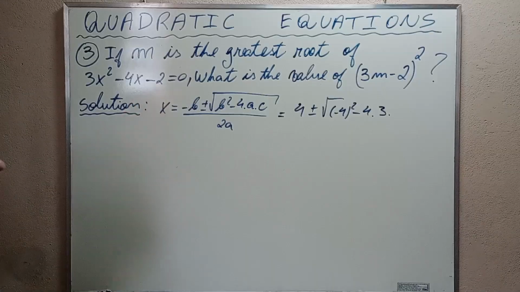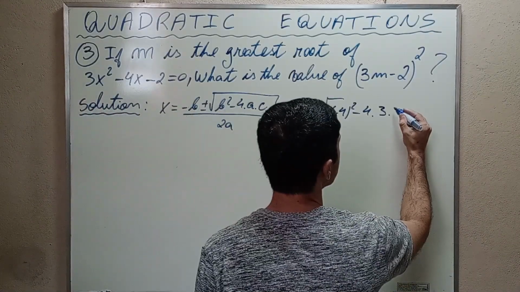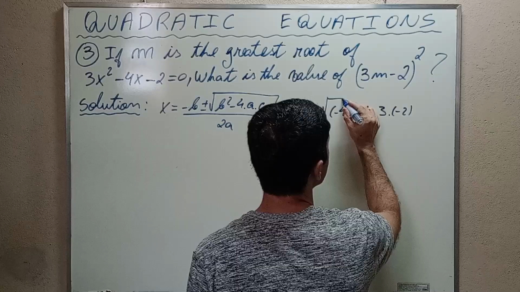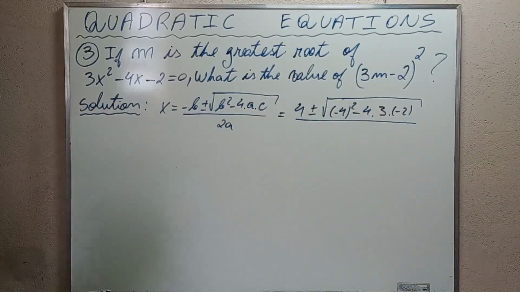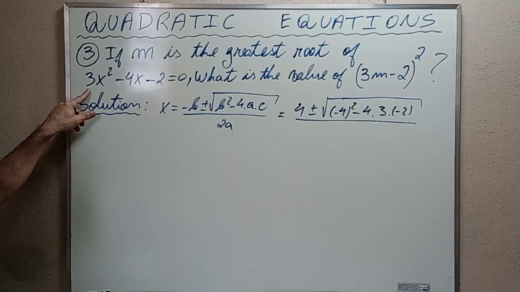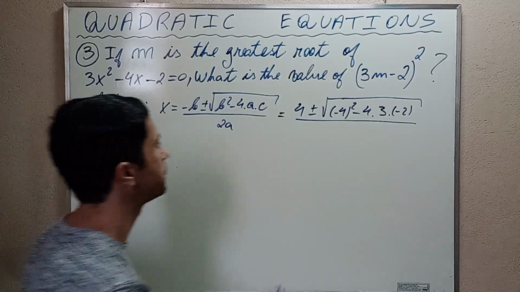Okay? c is negative 2. Divided by 2 times a. a is 3. 2 times 3 is 6.